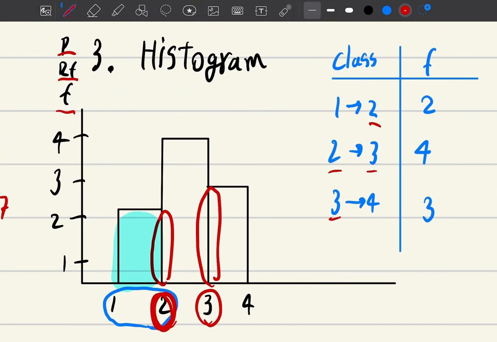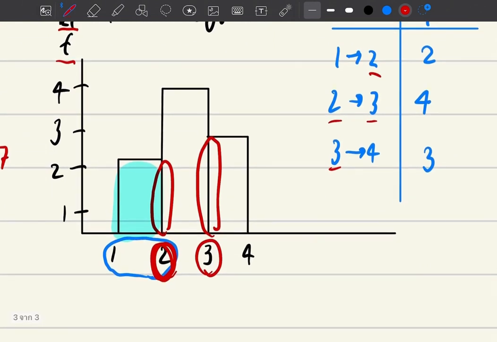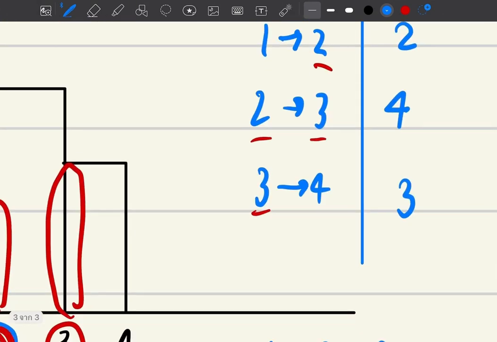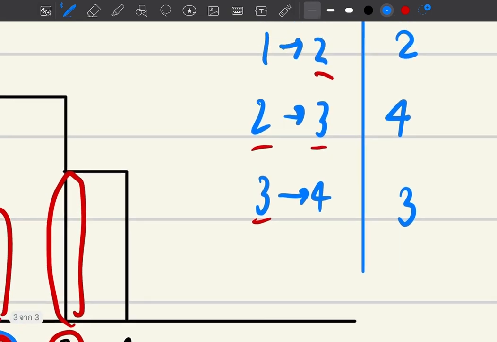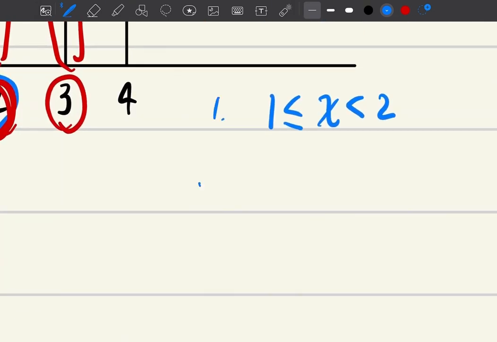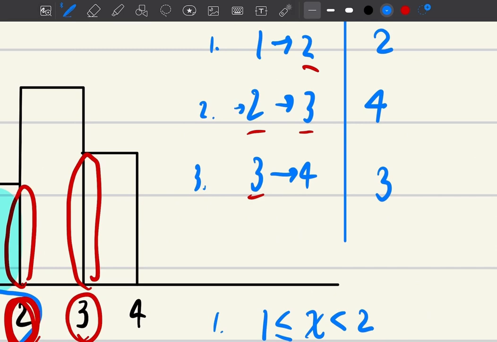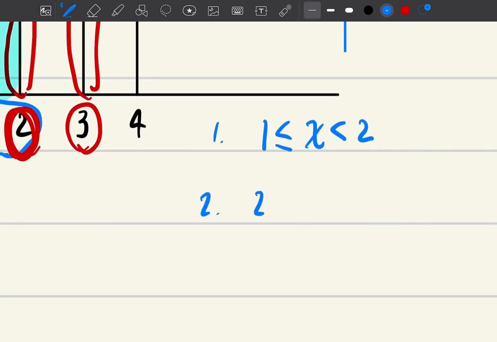So to prevent the confusion, we can write the class in this way: 1 less than or equal to x less than 2. This is the first class. The second class is 2 less than or equal to x less than 3.